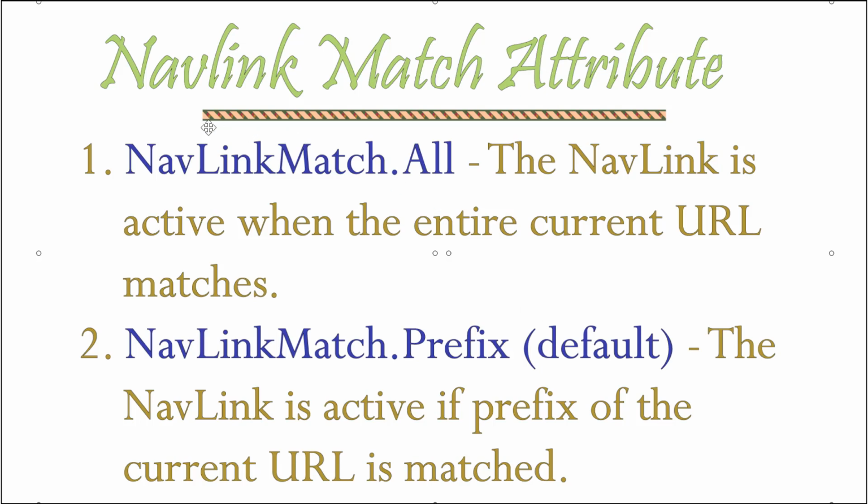NavLinkMatch.All says that the NavLink is active when the entire current URL matches the href of the NavLink, and NavLinkMatch.Prefix says that the NavLink is active if a prefix of the current URL matches the href of the NavLink. We will take a look at each of these one by one.